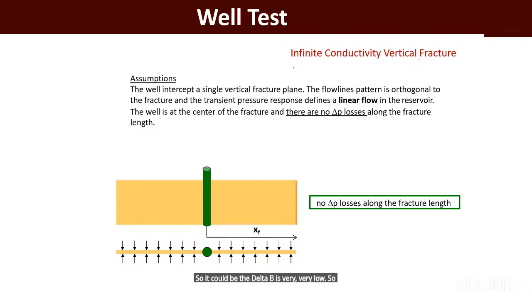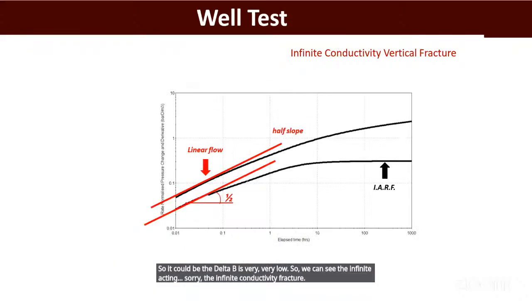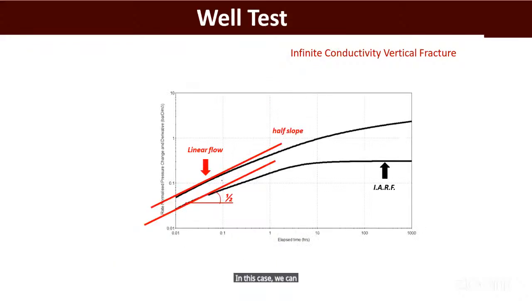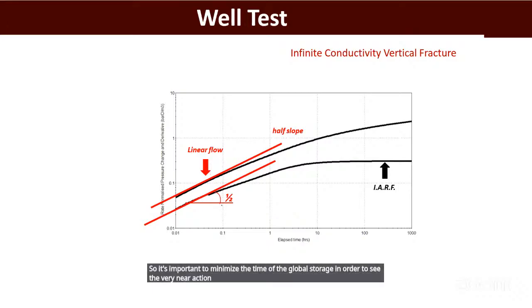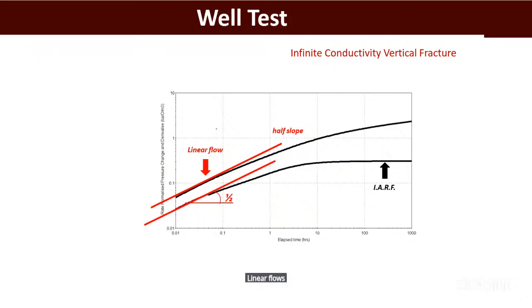So we can see the infinite conductivity fracture. In this case, we can characterize it, as we will have a half slope at the beginning after the wellbore storage, or even it could be masked by the wellbore storage. So it's important to minimize the time of the wellbore storage in order to see the very early action. So if we have a half slope at the early time, linear flow, this is infinite conductivity fracture.